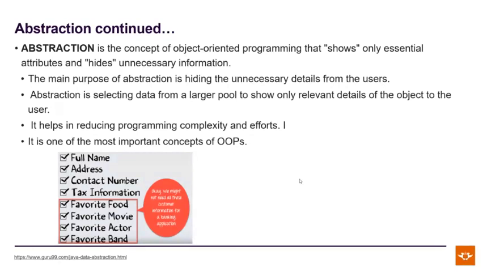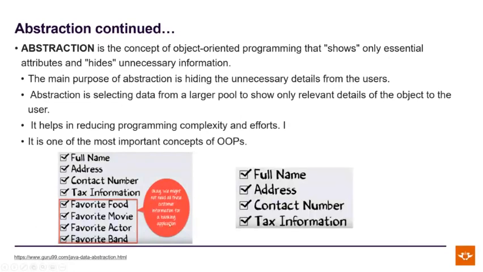It avoids people accessing things they shouldn't access. It avoids people going into things they shouldn't have access to. And it's a very, very important concept. The same way as we have all this information, but this subset isn't that important. What is important and what should be seen is this. We abstract the full name, the contact, and the tax information. That is made visible. The rest is not as important. We could technically hide it, but we'll get to how that's done later.